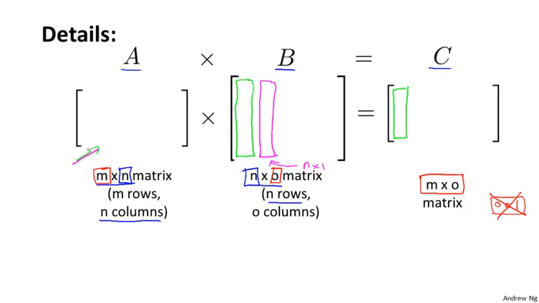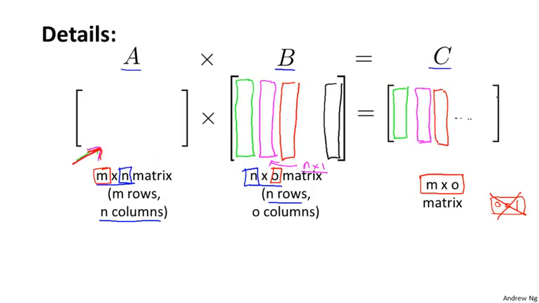I'm going to multiply this matrix with this n by 1 vector. The result will be an m-dimensional vector, which I'm going to put there, and so on. Then I take the third column, multiply it by this matrix, get an m-dimensional vector, and so on until you get to the last column, and the matrix times the last column gives you the last column of C.